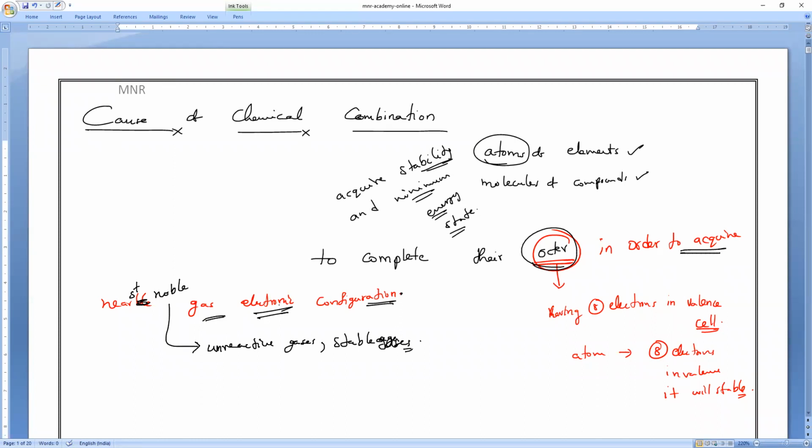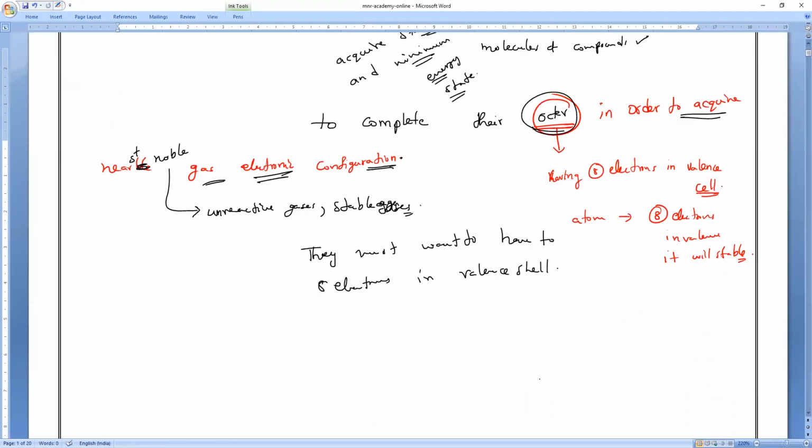So what does it mean? They want to have 8 electrons in their valence shell. That is stability. Every atom wants to have how many electrons? They want to have 8 electrons in the valence shell. Then only they will acquire stability.